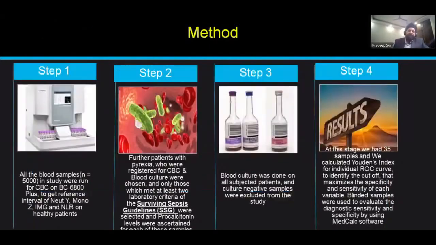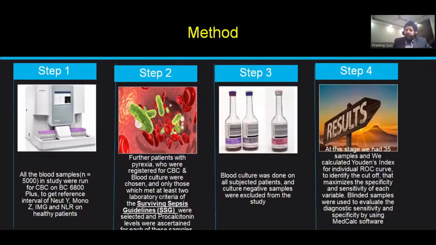So what we did here was a simple 4-step methodology. All the blood samples, which were 5,000 in number, were run for CBC on the BC-6800 Plus, just to get the reference interval of these 4 parameters, NEUT-Y, MONO-Z, immature granulocytes, and neutrophil lymphocyte ratio in healthy subjects. Further, we selected patients with pyrexia who had been registered for both CBC as well as blood culture, and only those patients were chosen who met at least 2 laboratory criteria of the Surviving Sepsis guidelines, and procal levels were ascertained for each of these samples using the Mindray CL analyzer.